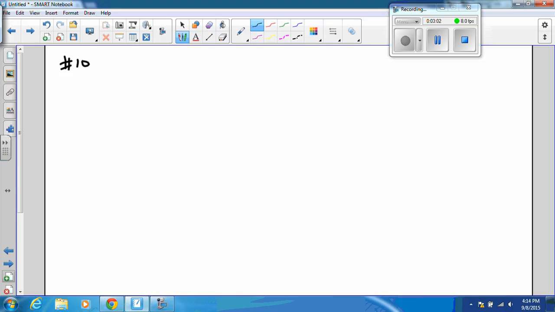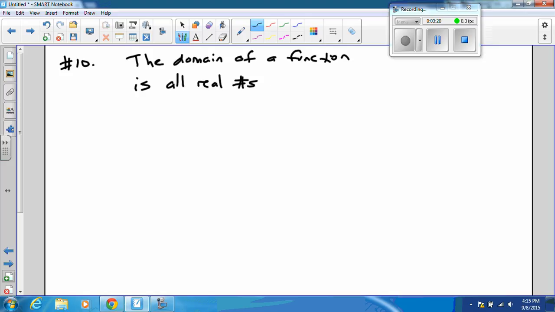Number 10 asks us to find the domain and range of the following functions. Here's our principle. The domain of a function is all real numbers except for excluded values, unless the domain is given.